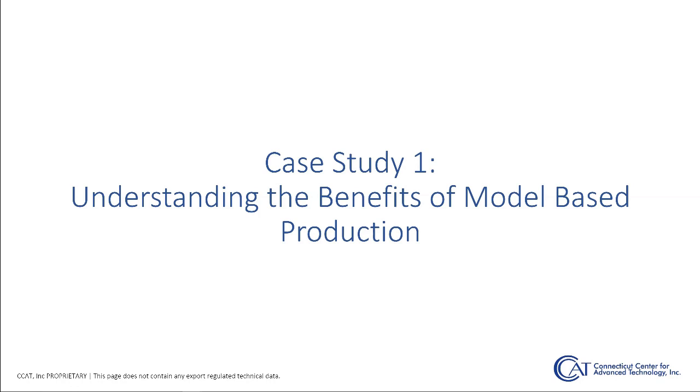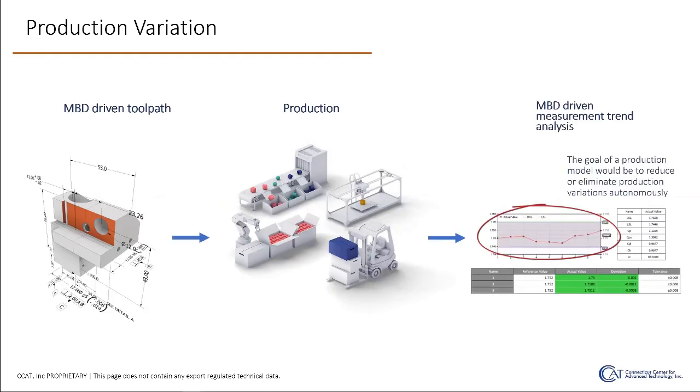And it's really just to get the point across of the relevance of creating a mathematical model of the manufacturing process. So again, here on the left, as I mentioned, we use model-based definition to generate the toolpath. All the way on the right, that's our analysis results that we got out of the inspection software that leveraged MBD to create the program.